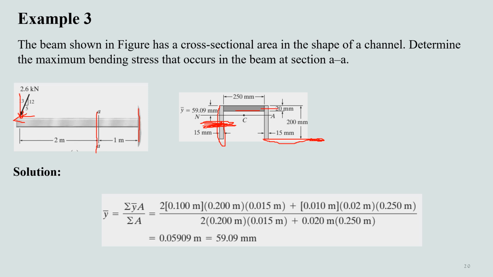It is 110 mm from the bottom. So this value is reflected here, and this is simply the area, and then we have the summation of areas for these three rectangles, and thus we come up with this value: 59.09 mm is the location of the centroidal axis, or neutral axis, for this channel cross section.